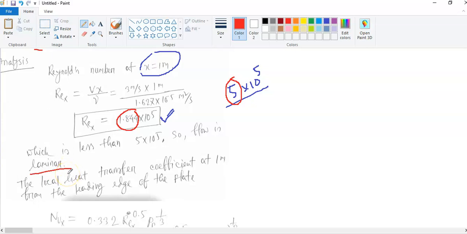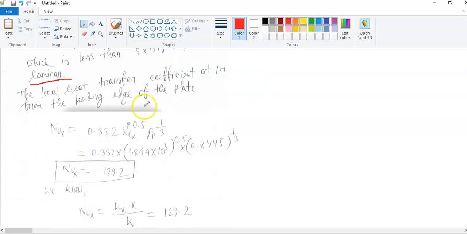Alright, so when the flow is laminar, then we need to select the Nusselt number correlation for laminar flow. We know the Nusselt number correlation Nu_x for laminar flow is 0.332 times the Reynolds number to the power half, and the Prandtl number to the power 1/3.